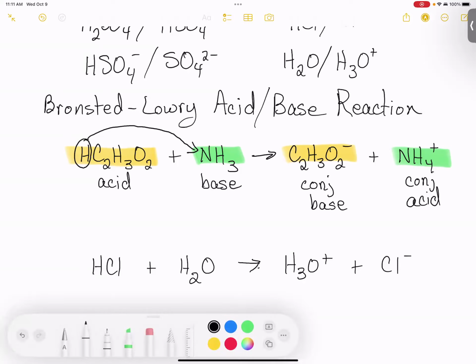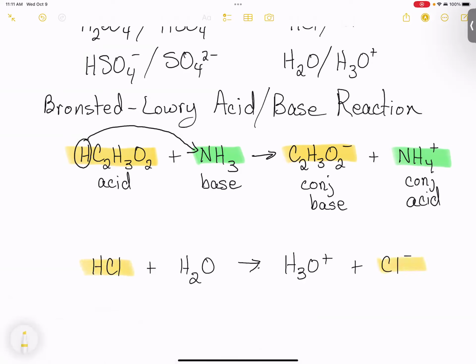First thing I do is I find the pairs. HCl and Cl minus is the pair. I notice that HCl lost its hydrogen. So that must mean it is an acid by the definition. It donates its hydrogen. And the Cl minus must be the conjugate base because it's a conjugate acid-base pair.